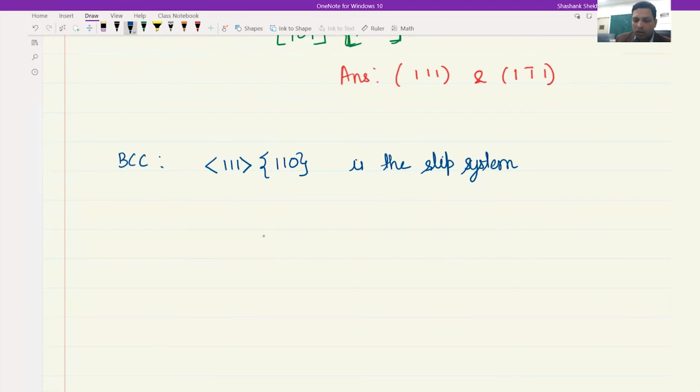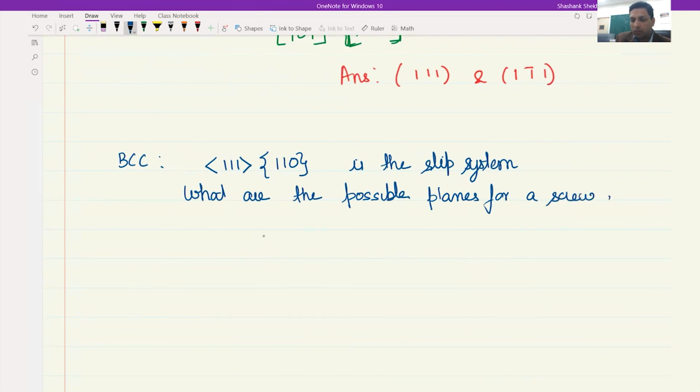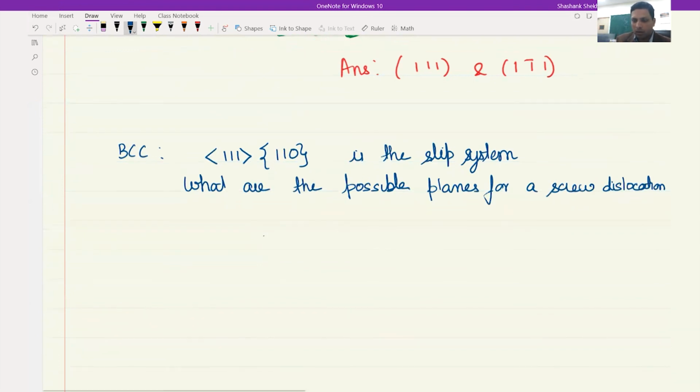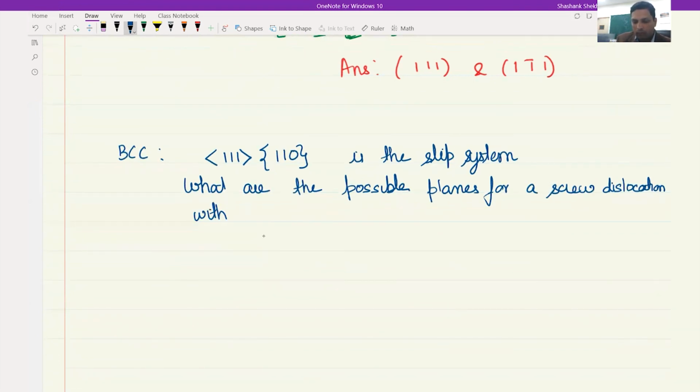Now the question is, what are the possible planes for a screw dislocation with Burgers vector equal to a by 2 1 1 1 bar?